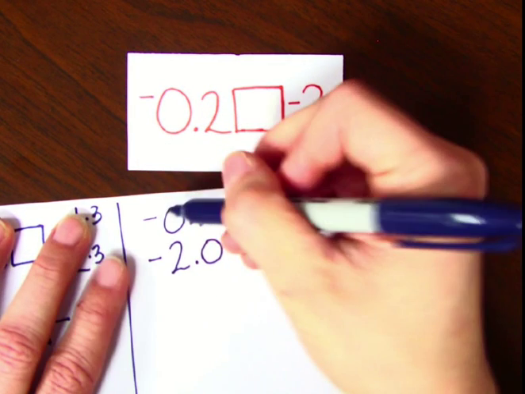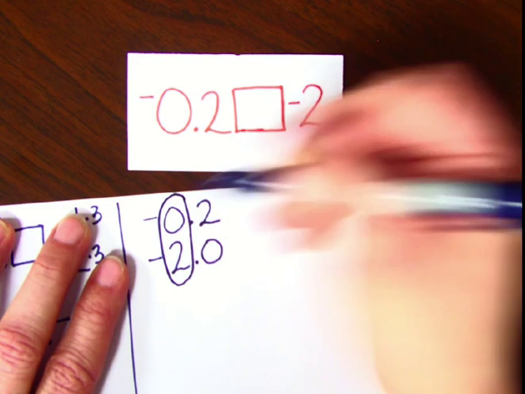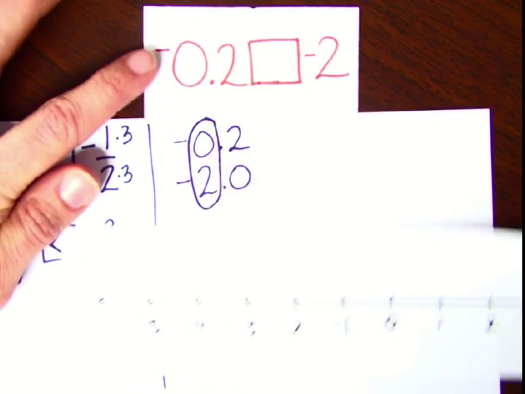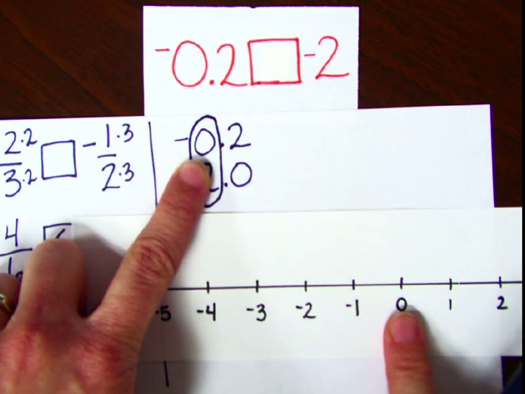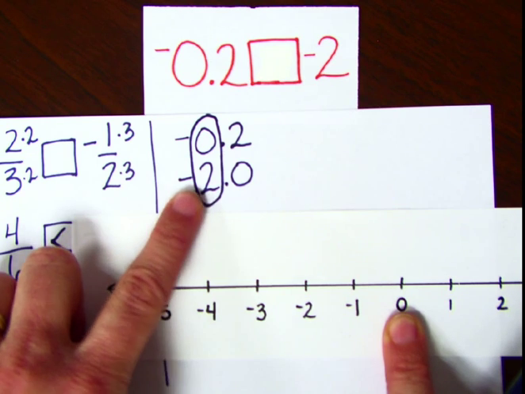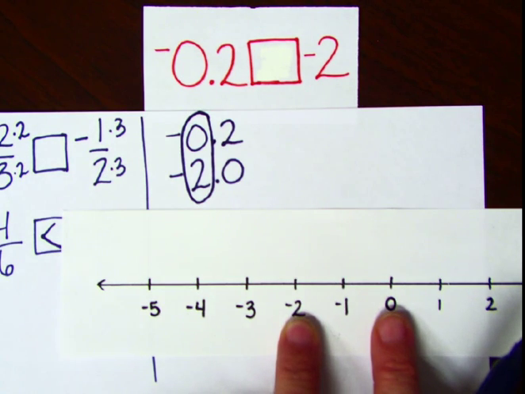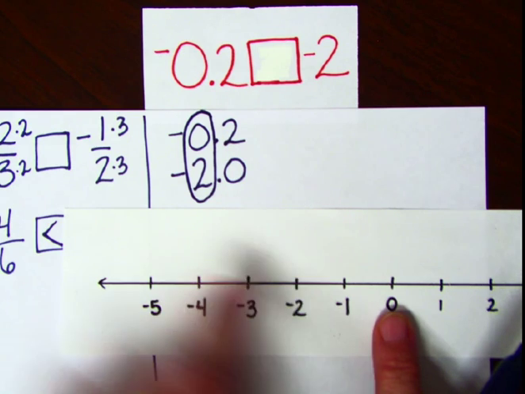All right, I'm going to compare my digits. The first digit that I notice is different is the very first digit. I'm going to use those two numbers on my number line, and I'm going to compare them. I have a 0, which is not negative or positive, and I have a -2. If I look at these two numbers, I notice that the 0 is on the right. 0 is larger than -2.